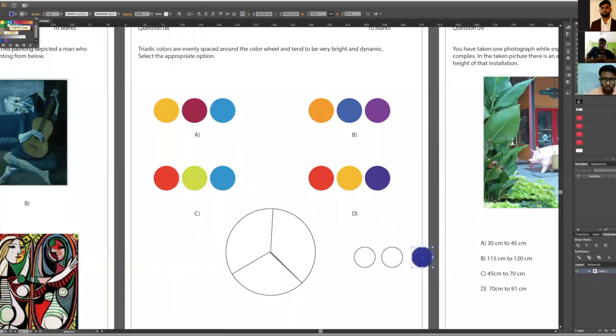On the, let's say this one. I think this blue is, I think this one probably.